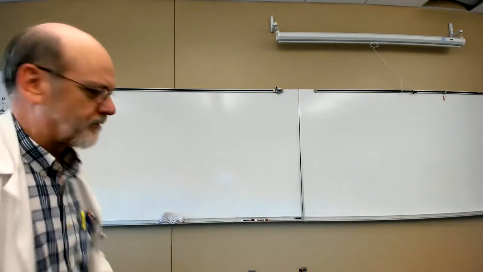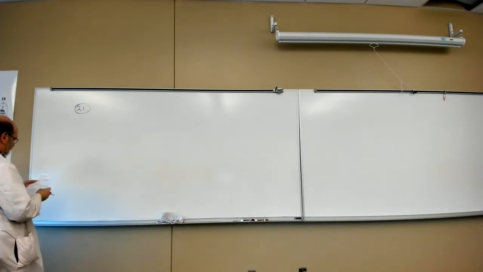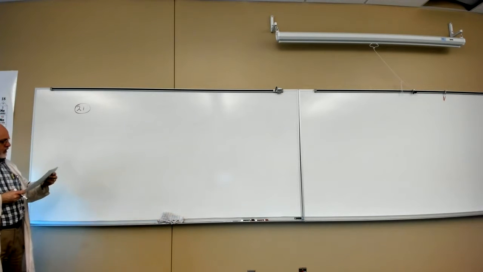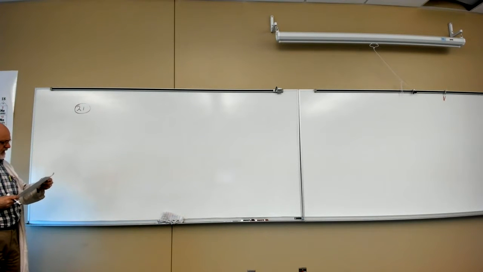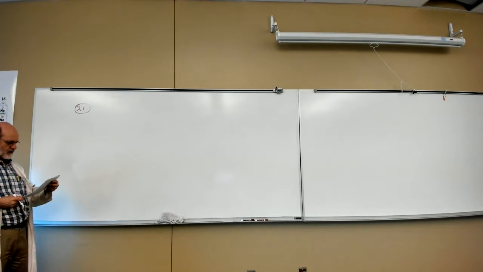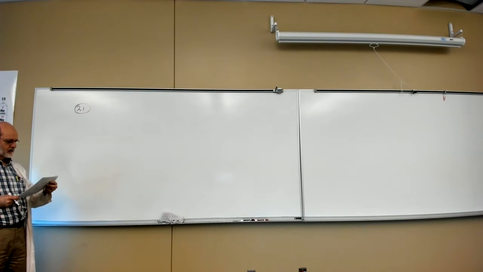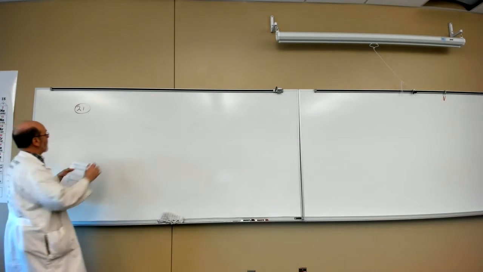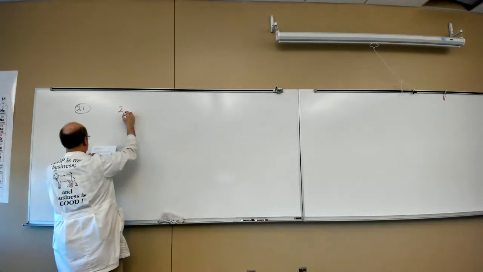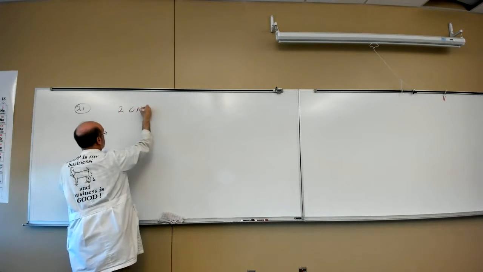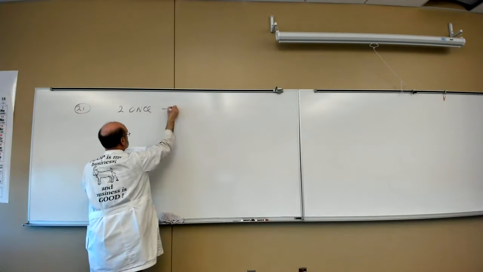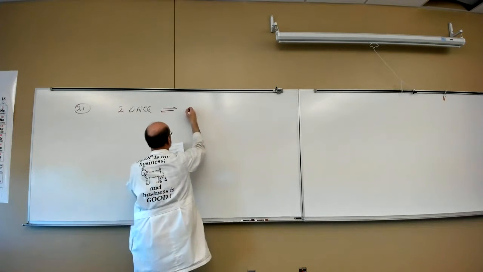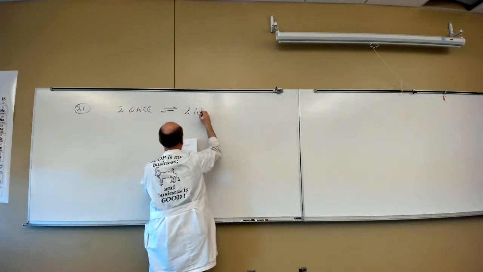Okay, we got at 500 K, 1 mole of gaseous ONCl is placed in a 1 liter container. At equilibrium, it's 5.3% dissociated according to the equation. So this is our balanced equation, and it's a simple dissociation to these products.